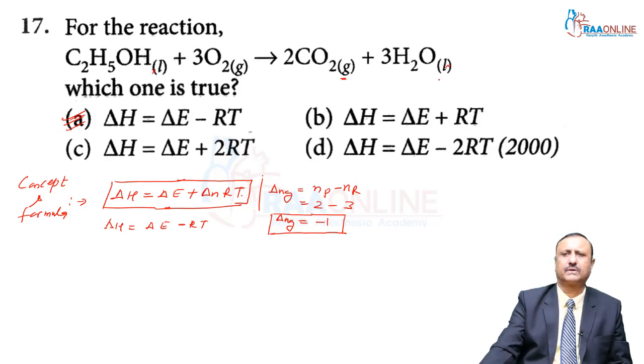Because liquids are not taken, so it cancels, and 2 minus 3 equals minus 1. So your answer is A. This is your answer. This question is also asked in the year 2000.